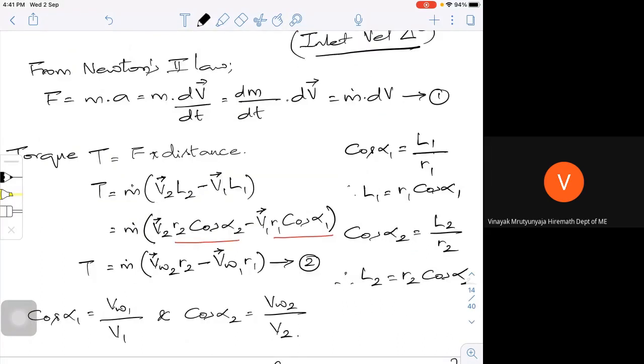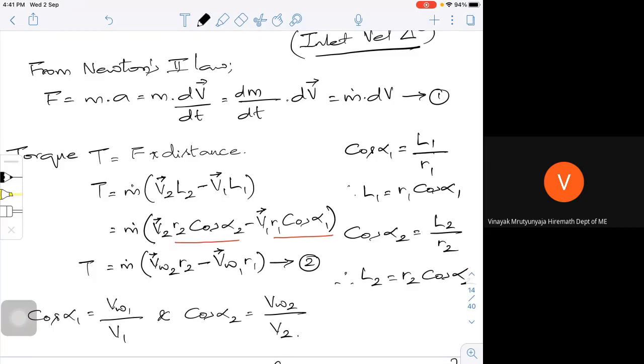Now, you know that you have what is called Newton's second law, that is your momentum equation. What is it actually? It is given by mass into acceleration. What is acceleration? It is dv by dt. Then look at this, dm by dt. This is the mass flow rate, into dv, the change in velocity.